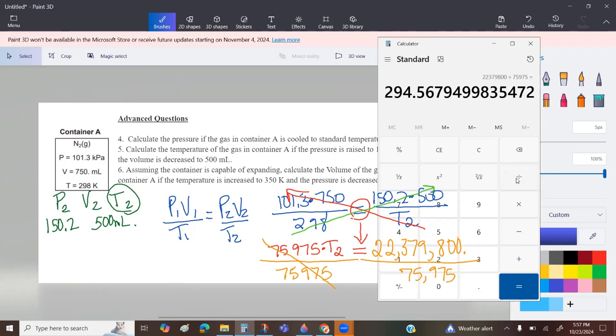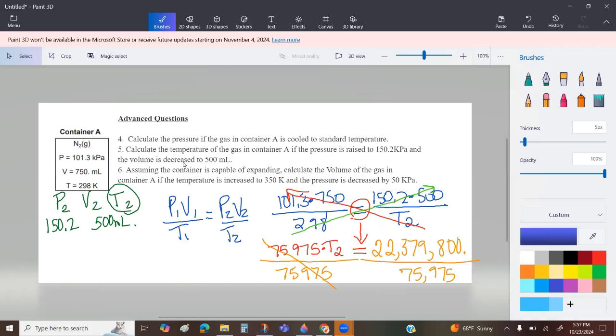To 294.56. Which is a perfectly good temperature in Kelvin, right? 294 is a perfectly reasonable number. You were at 298. Apparently, you just brought the temperature down by 4 Kelvin.